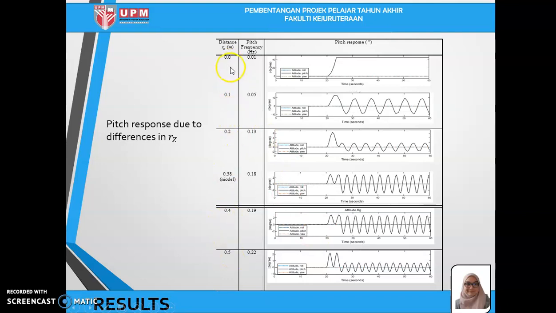At 0 meter, the pitch response moves from 0 degrees towards 45 degrees and stays at 45 degrees until the end of the simulation. But for 0.1 towards 0.5, there is a difference in pitch motion, where it keeps pitching up and pitching down until the end of the simulation.